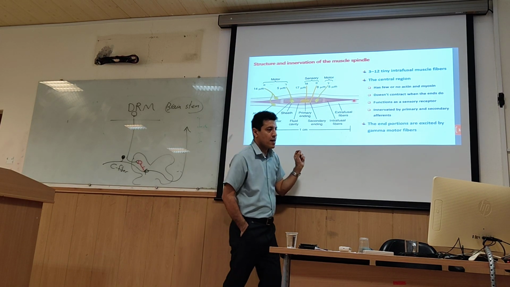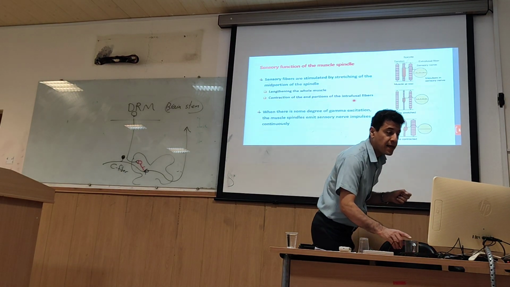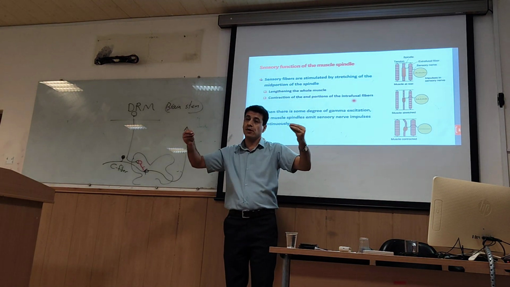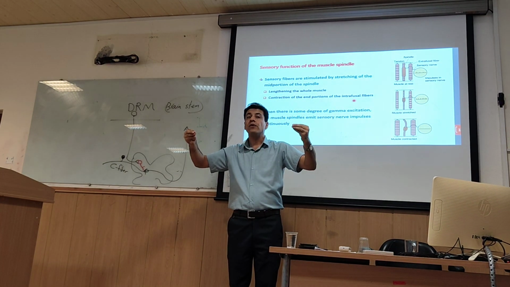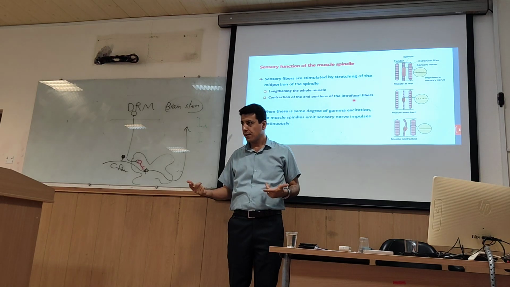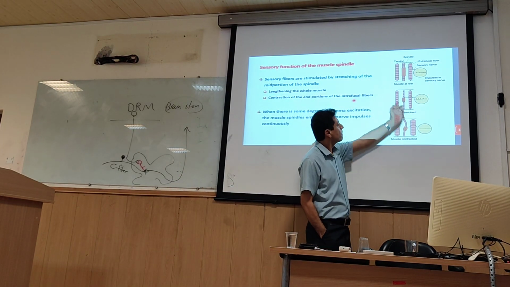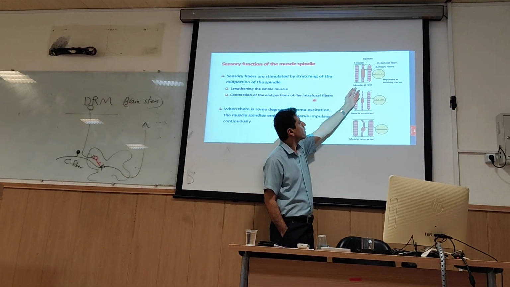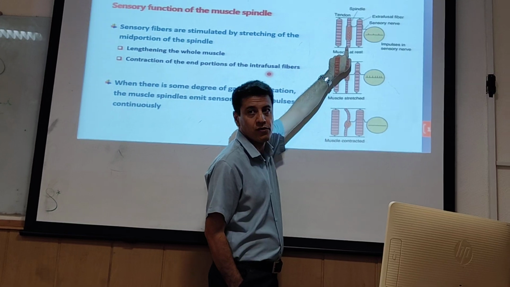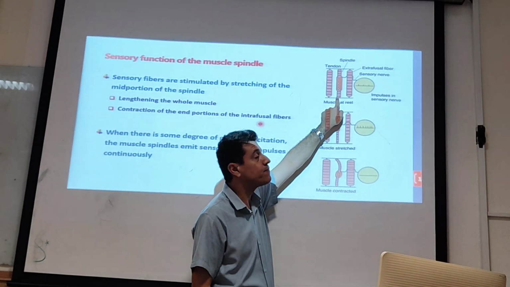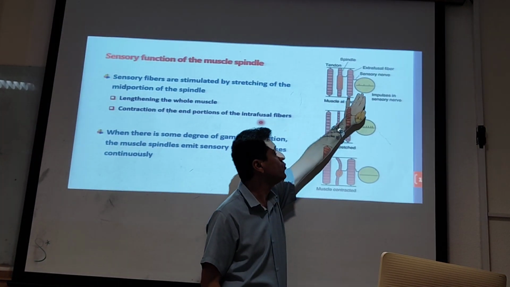So a muscle spindle, which is a receptor of length, can be activated when you stretch a muscle or when you activate gamma motor neurons. Let's see. Okay? So consider this. Extrafusal fibers, intrafusal fiber. So the intrafusal fiber is innervated by 1A and 2 fibers.